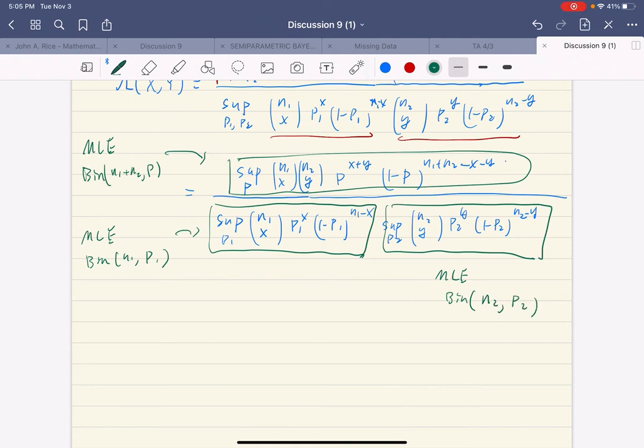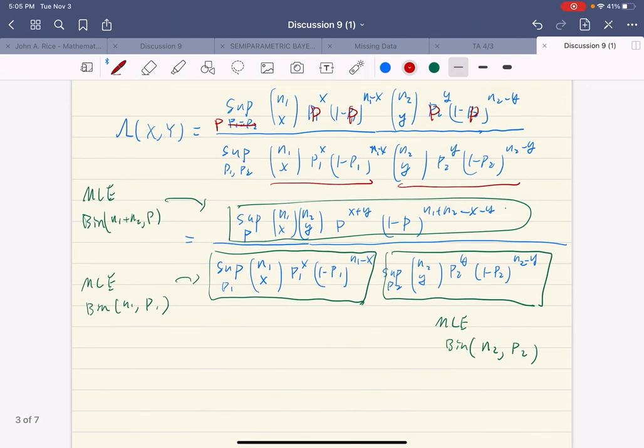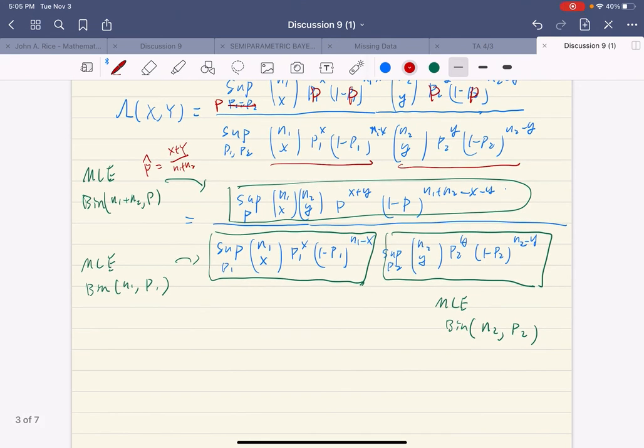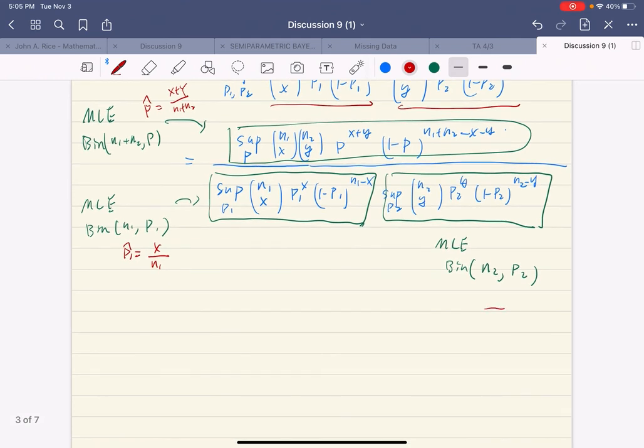So in the numerator the MLE is p hat equal to x plus y over n1 plus n2. Here we have p1 hat equal to x over n1, and here p2 hat equal to y over n2.